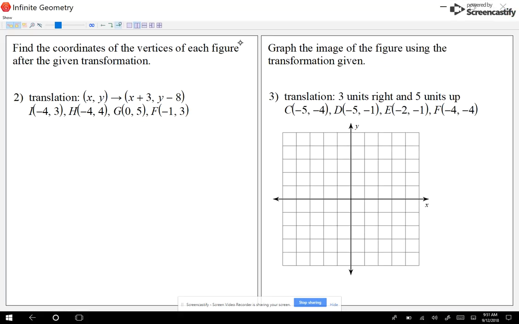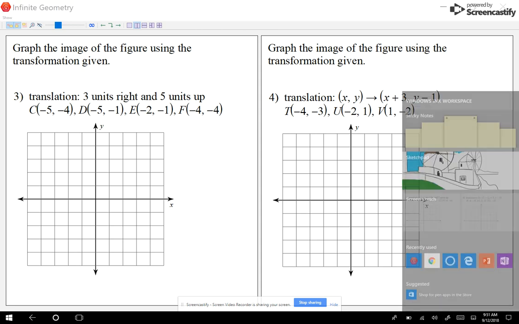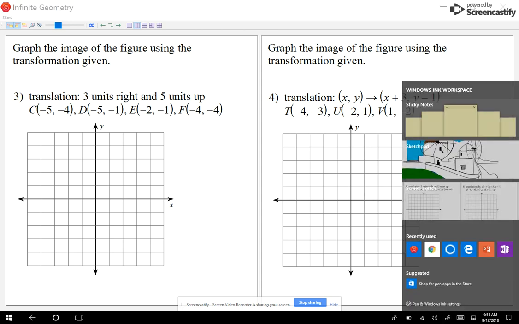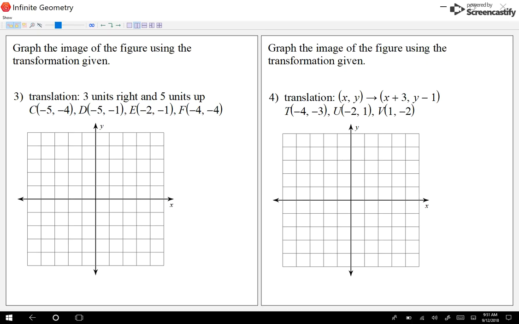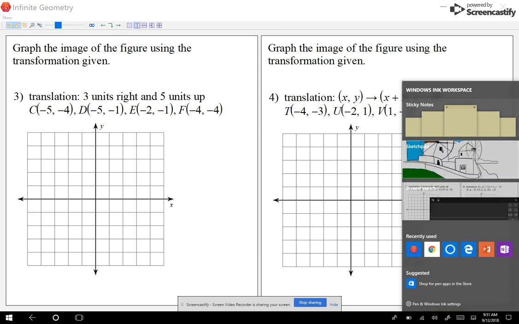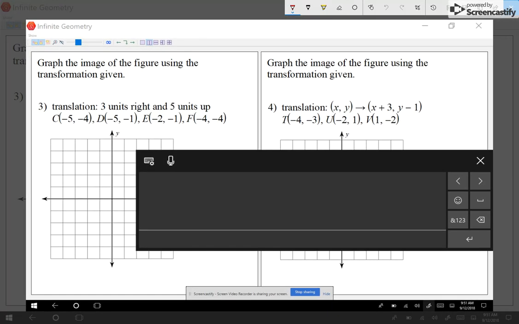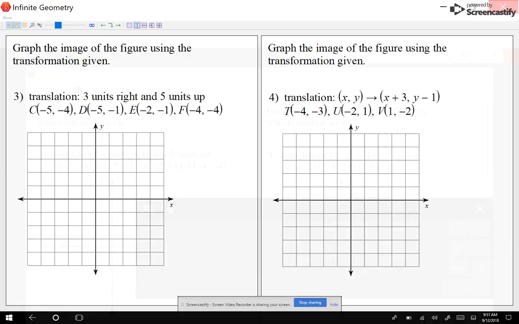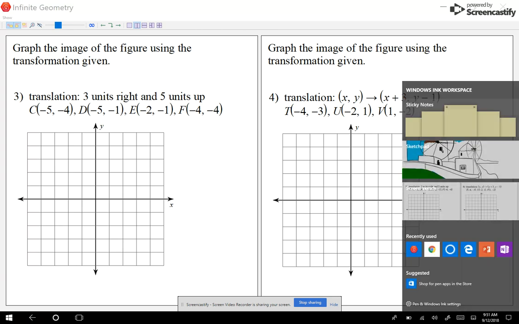Now, here I have examples 3 and 4. Like question number 3, I'm gonna graph the image. Let me close this really quick.